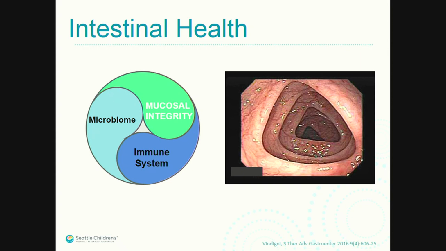And in health, these three main components live harmoniously together. So they don't have any negative interactions with each other. And you get a bowel that looks like that, nice, happy, pink.